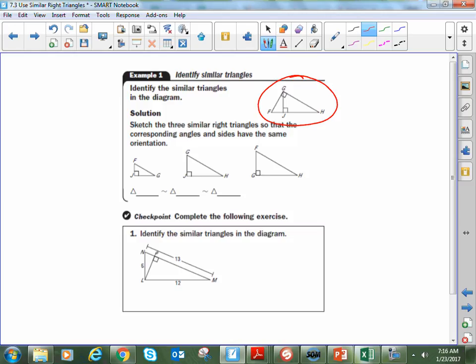So the way that we approach the problem is what we see right here, we just draw three separate triangles in the same orientation. And it allows us to identify parts that go together, whether it's an angle or a segment that we're looking for. We always draw them in the same orientation, like what we see here.